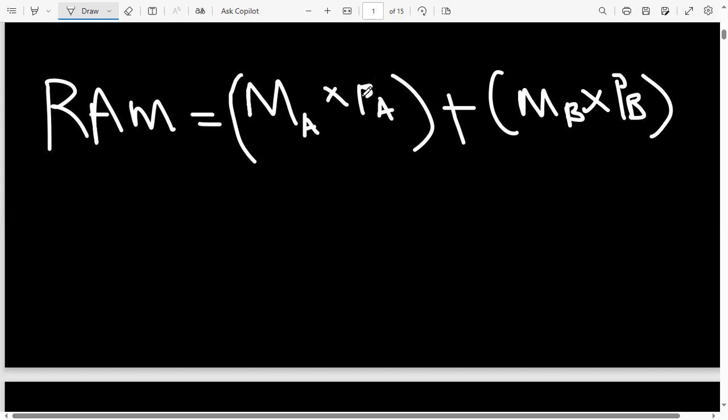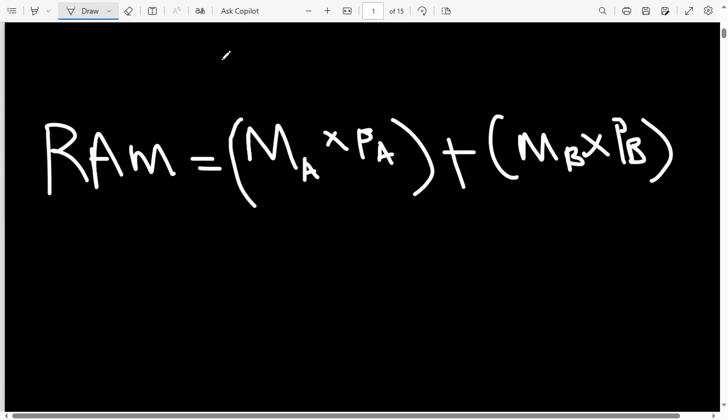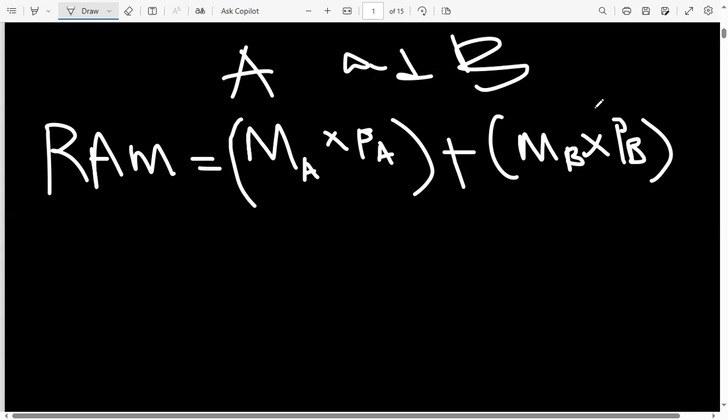So in this case, this formula is for isotopes A and B. If you have a third, you add another bracket there. If you have 4 of them, just add like that. So this will be the formula that we'll be using.